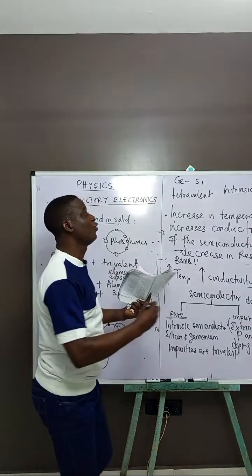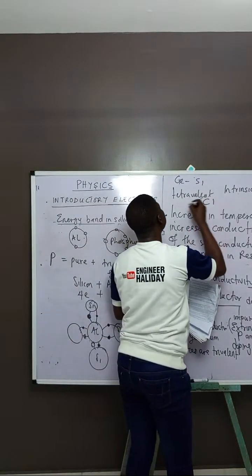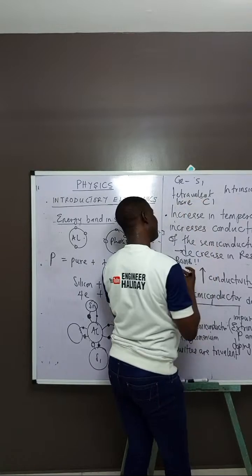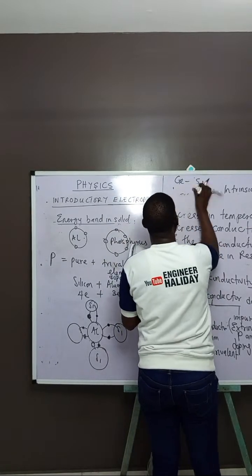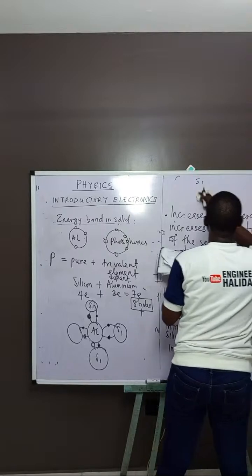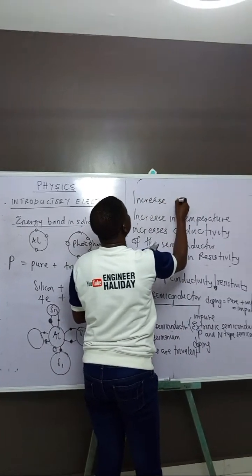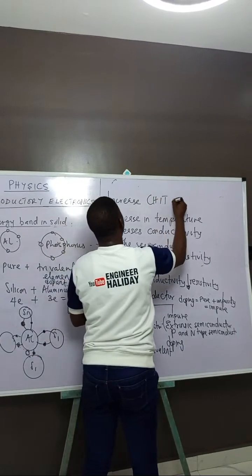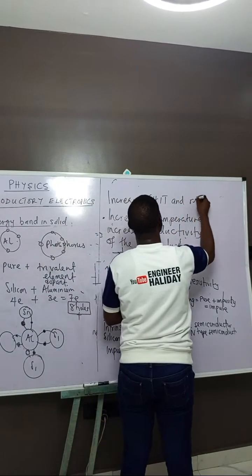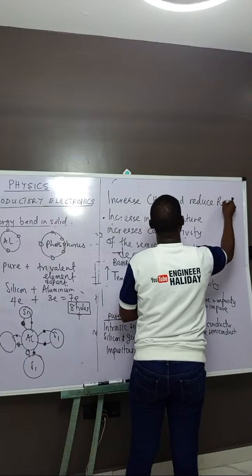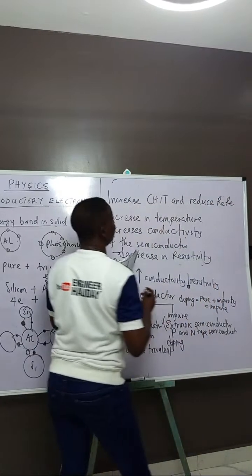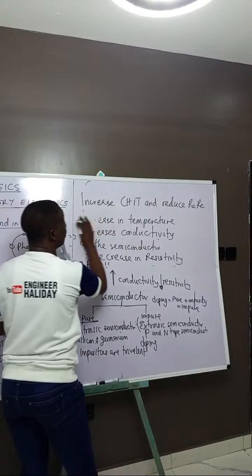Now, that's why I give students this particular one: increase sigma and reduce rho. Increase sigma and reduce rho. Now, what does that mean? Let me give you this shortcut.